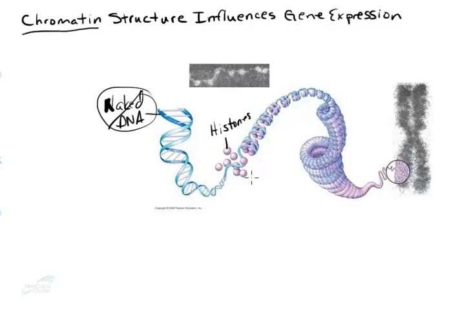So chromatin is DNA wrapped around histone proteins and coiled up and compacted and condensed to some degree within the cell nucleus. And this allows the cell to fit a tremendous amount of DNA within the nucleus. It also provides a way for the cell to organize and regulate the position of that DNA within the cell nucleus as well. And this is really important for maintaining appropriate gene expression.